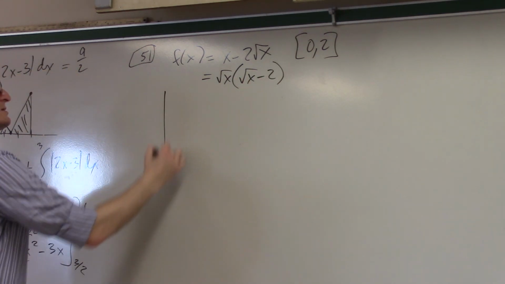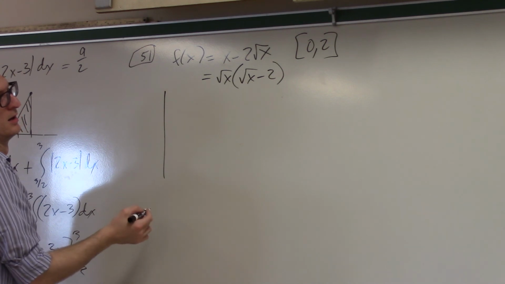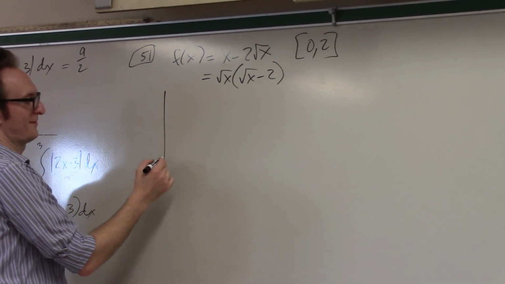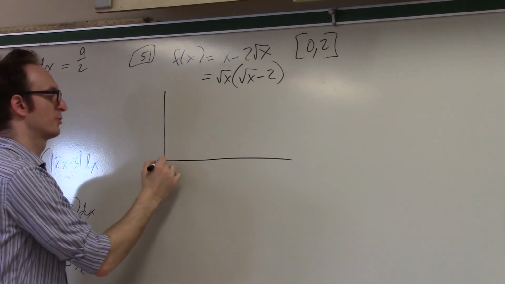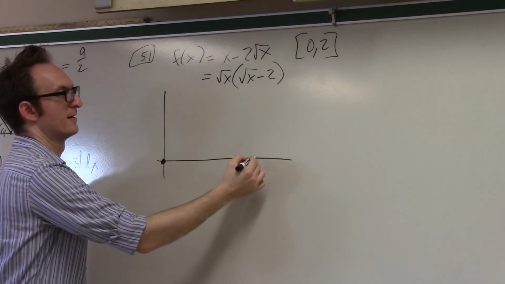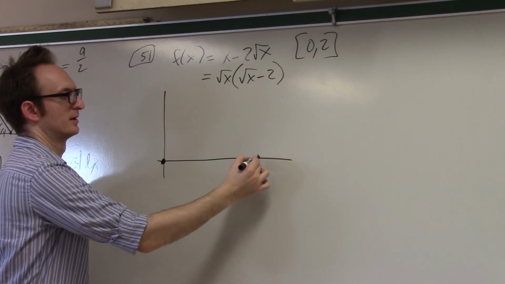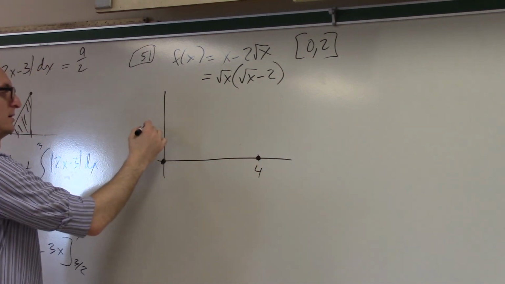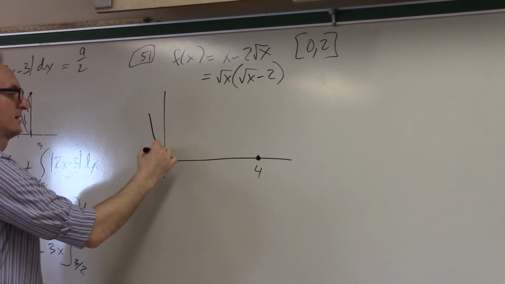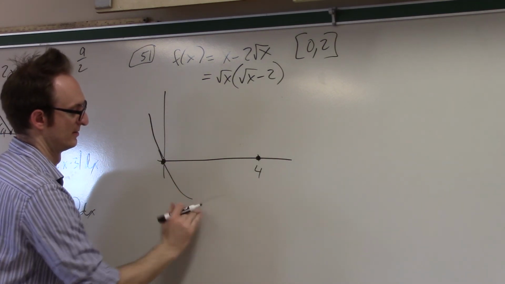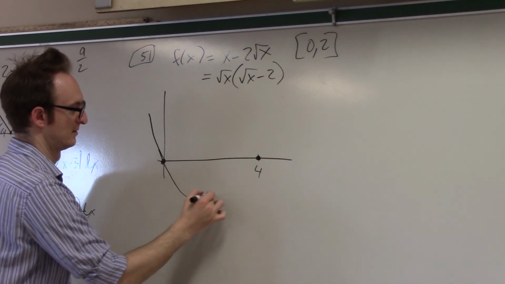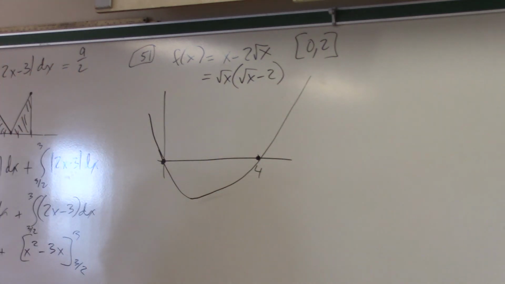If I graph this, there's going to be a root at 0 and a root at 4. And someone told me that the minimum is at 1, something like that.